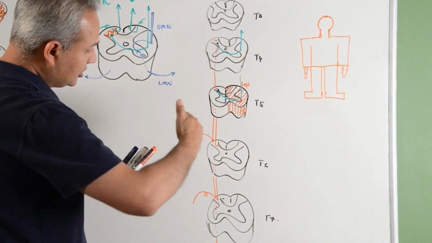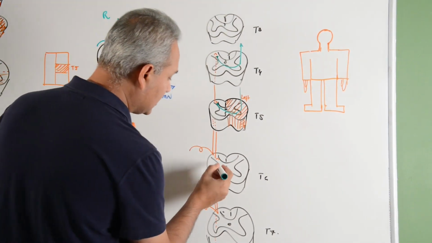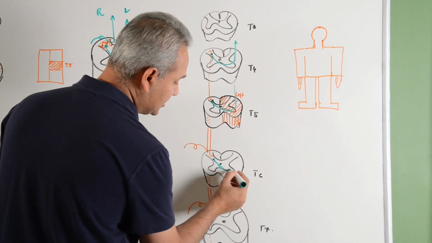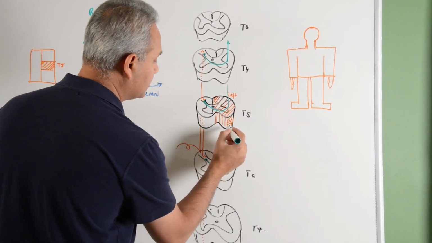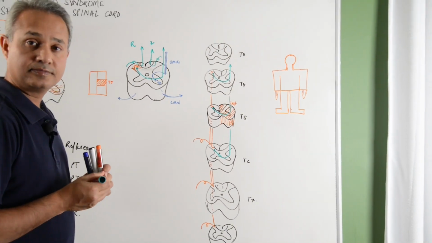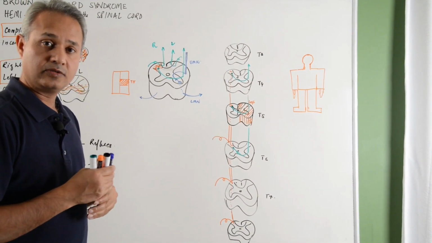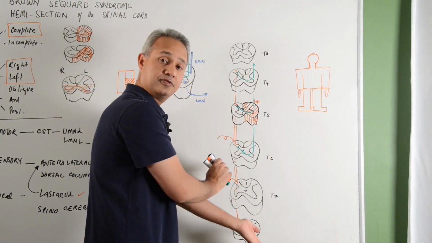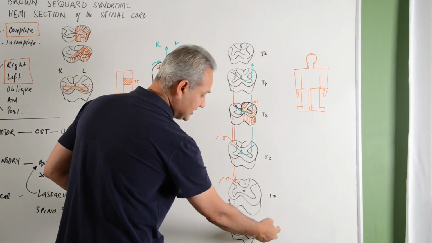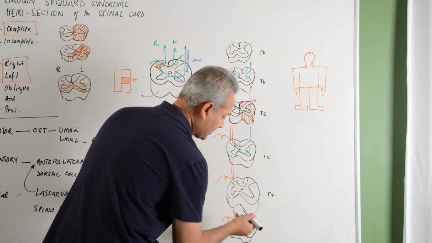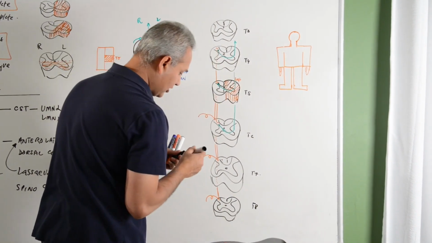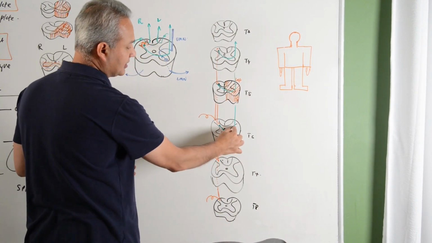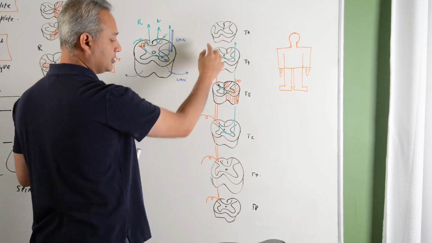Then the second order neuron would pass to the other side, in front in the anterior commissure, lateral, and then they go up. Cool. This same thing happens on the other side too. The fibers of T8 from the other side will come in, go up 2 segments, then decussate and then go up.